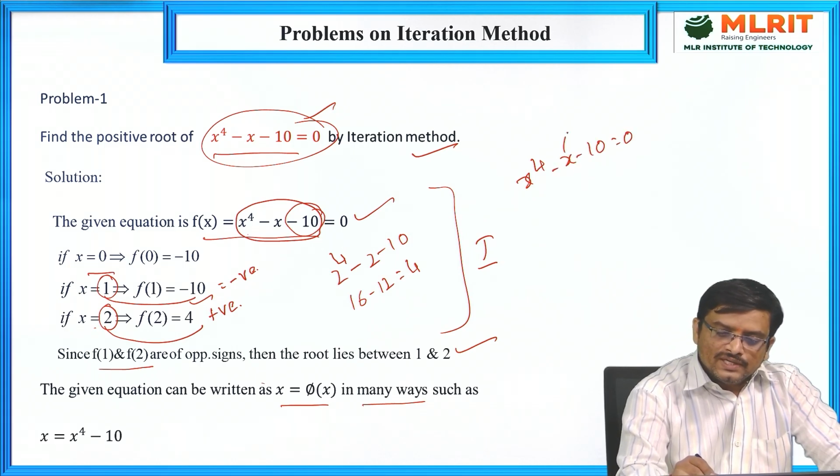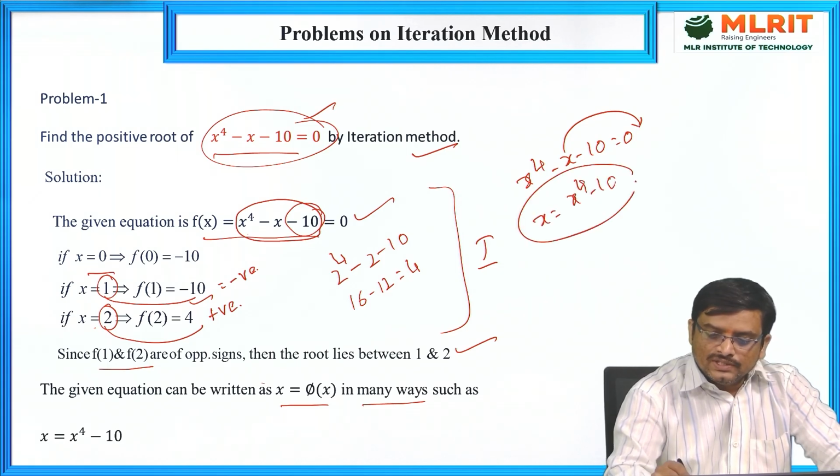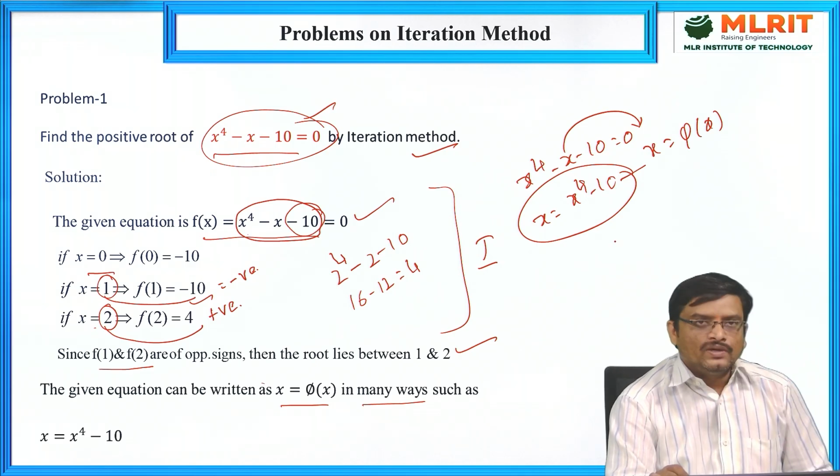Send this -x to the other side, and you get x = x^4 - 10. So this is also in the form x = φ(x). This is one way to get the x = φ(x) form, so that's why we have taken the first one.